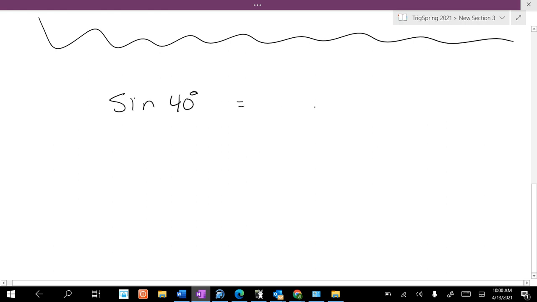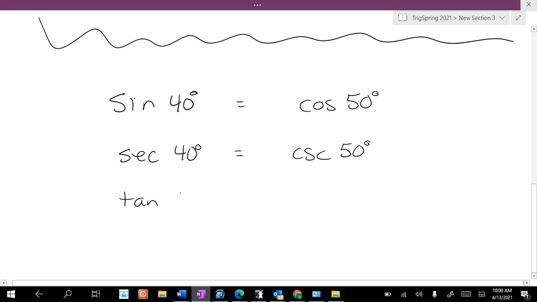That is equal to the cosine of 50 degrees. And the secant of 40 degrees is equal to the cosecant of 50 degrees. And the tangent of 72 degrees is equal to the cotangent of 18 degrees.